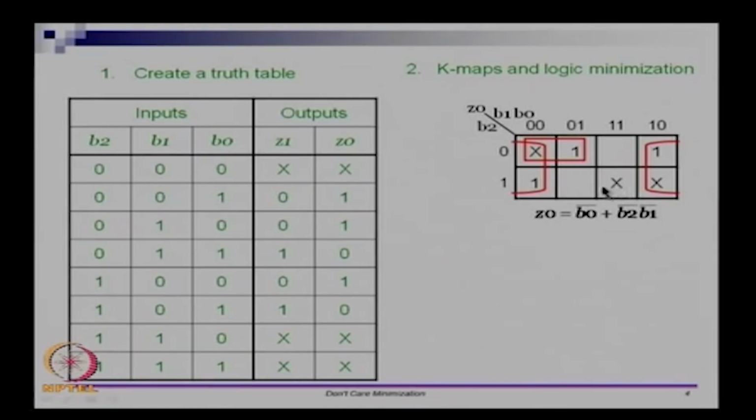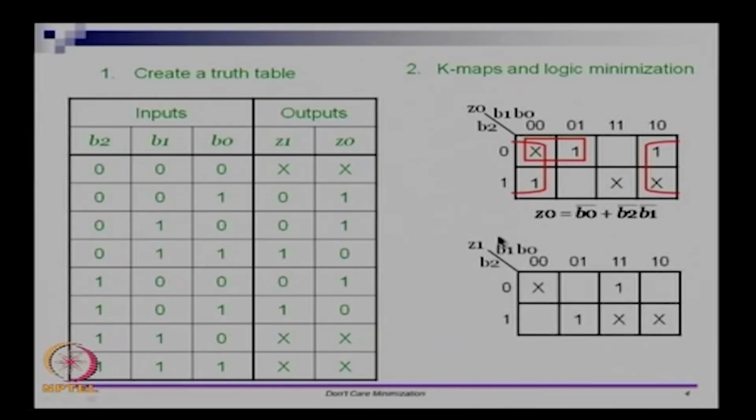So I can treat this x as 0 and leave it as it is. So what we have done is we had 3 x's, 2 of them we used as 1s, and one of them we are using as 0. This is perfectly acceptable because the value of x is really a don't care. We should be able to use any combinations of zeros and ones for the x's that are there.